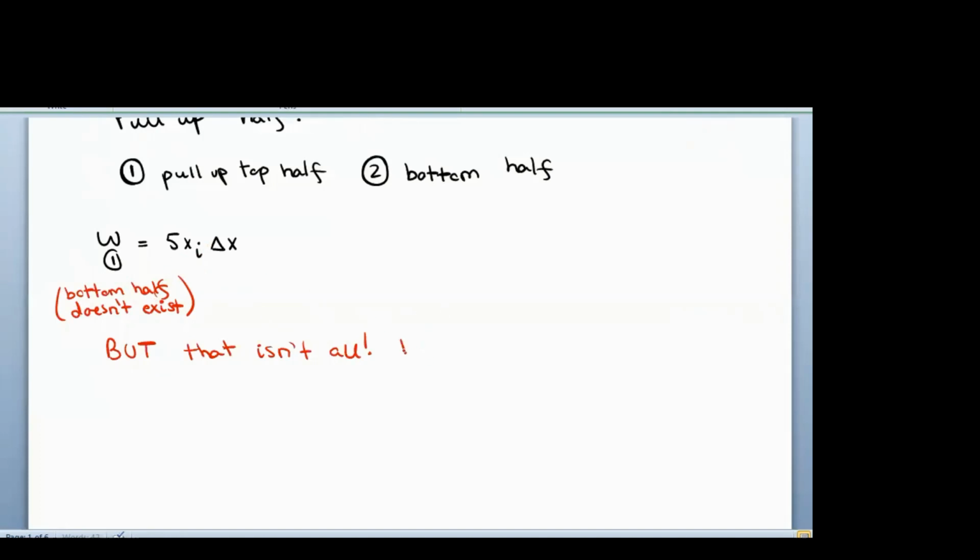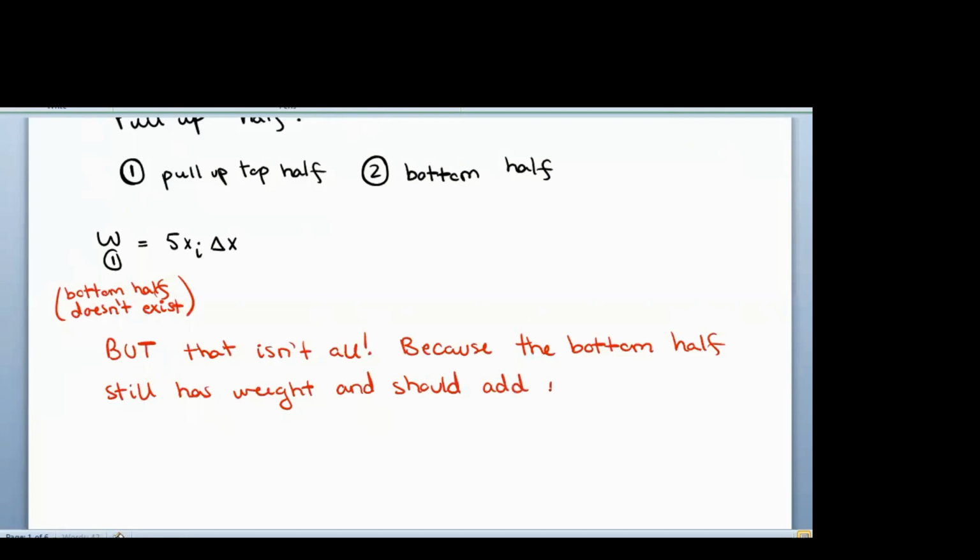So that isn't all, because the bottom half still has weight, and of course should add work to the total work. So we can't just totally ignore the bottom half. And so let's find the work that we need for the bottom.